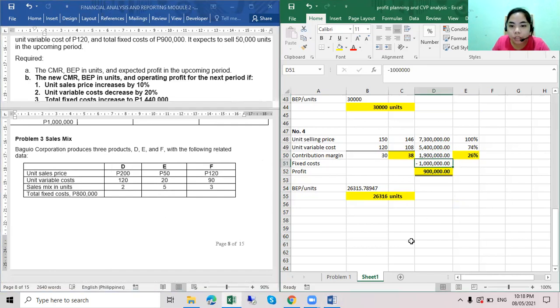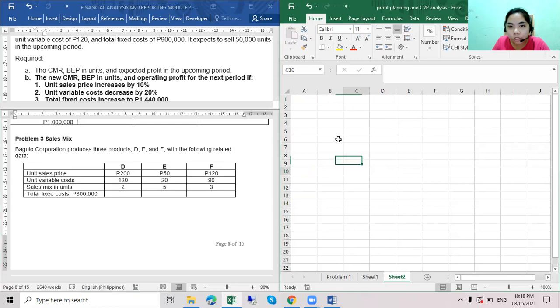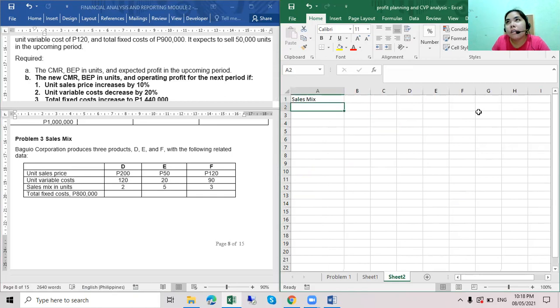Next is the sales mix. So I have to make another sheet for this sales mix. So sa sales mix, our previous examples consist only of one product. So one product, one selling price, one unit variable cost, one contribution margin, and contribution margin rate. Pero sa sales mix, ang company is nagabaligya dire more than one variety of products.